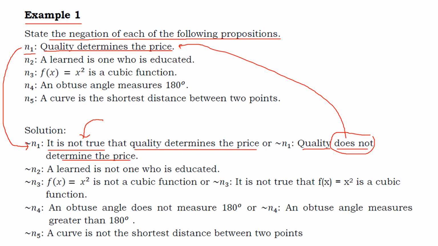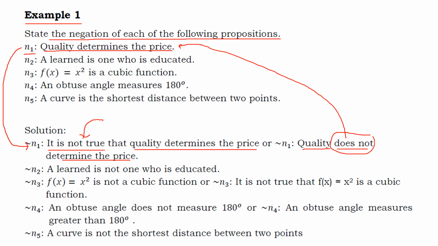That's why we define negation as the opposite of your original proposition. If the truth value of your original proposition is true, the truth value of its negation is false, because negation is totally opposite of the truth value of your original proposition.